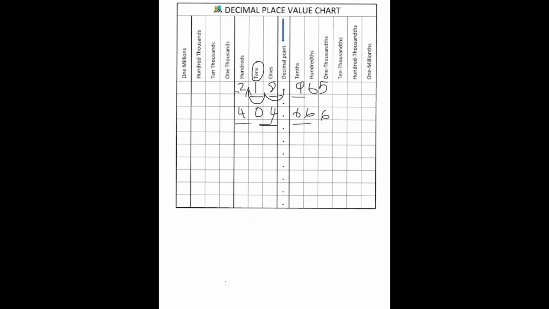So 218 has the 1, which is in the tens place, and since it is in the tens place, we multiply this digit right here, this 1, by 10. So 1 times 10 is obviously 10. So the place value of this 1 is 10.